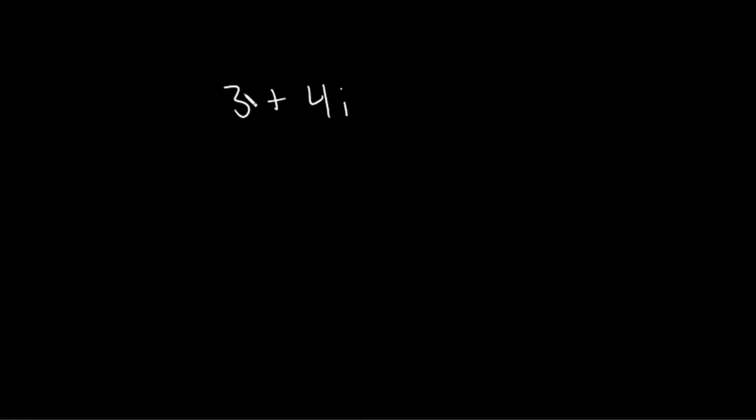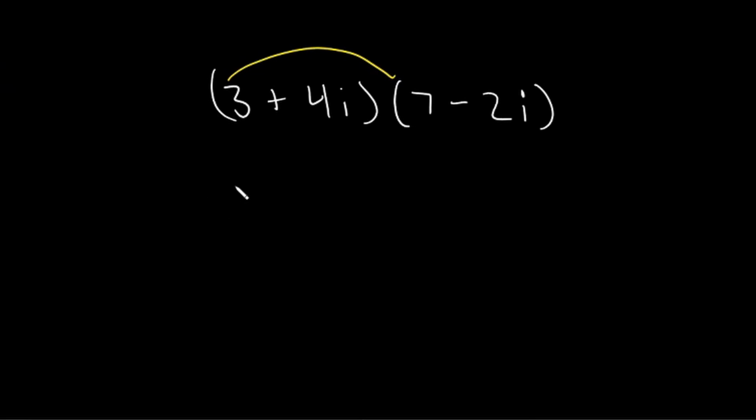Now, let's move on to multiplication. We have 3 plus 4i multiplied by 7 minus 2i. So how would we solve this? Well, just like with multiplying two binomials, we can use FOIL. First, outside, inside, last. So let's do that. Our first terms are going to be 3 and 7. 3 times 7 is going to be 21.